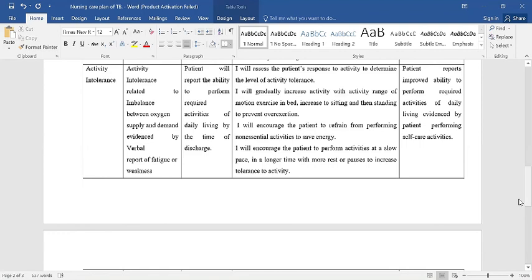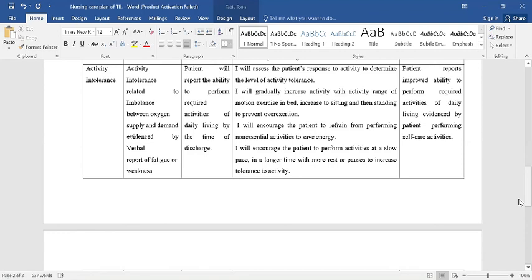Number two, I will gradually increase activity with active range of motion exercise in bed, increase in sitting, and then standing to prevent overexertion. So in our patient who cannot tolerate activity, we are going to gradually increase the activity range.